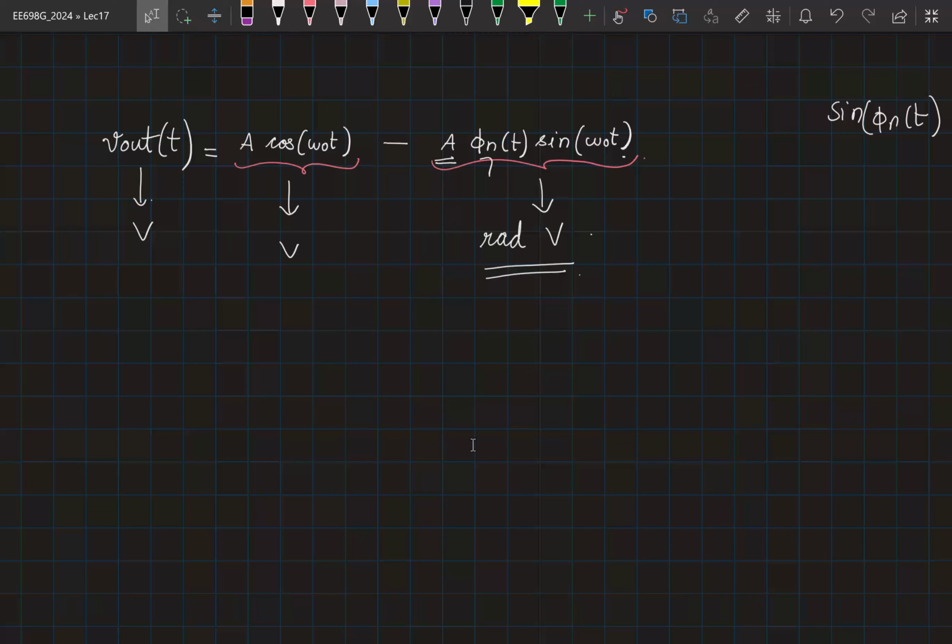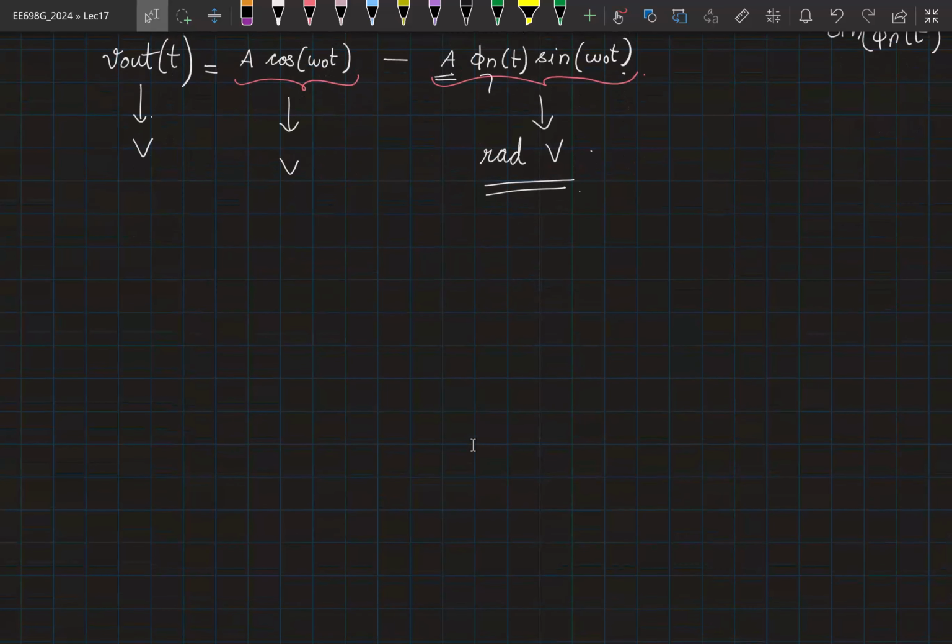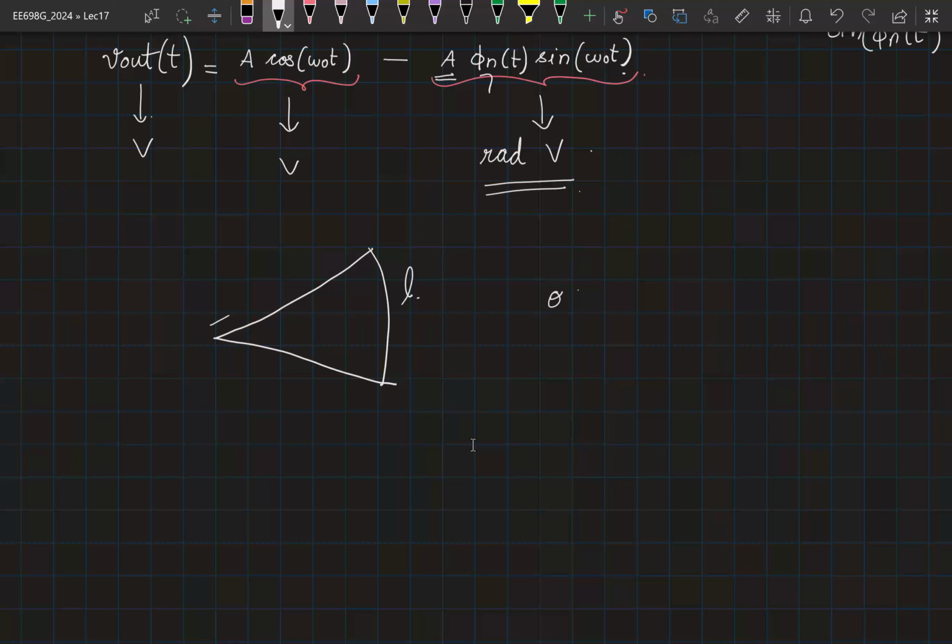What is the dimension of radians? There is nothing. It's dimensionless. Do you remember how you defined an angle? Because you always take sine of some dimensionless quantity, right? Do you remember the definition for radians? If you had an arc with length L and radius r, then the angle theta in radians is L by r.